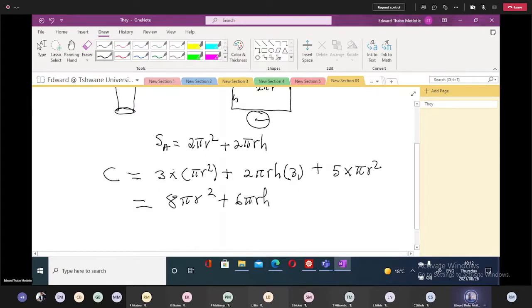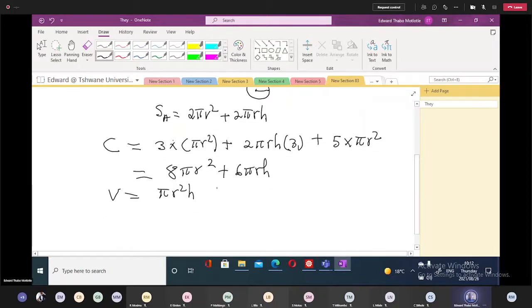And we know that the volume of the can is pi r squared h. They said this is 150. This implies that h is equal to 150 divided by pi r squared.